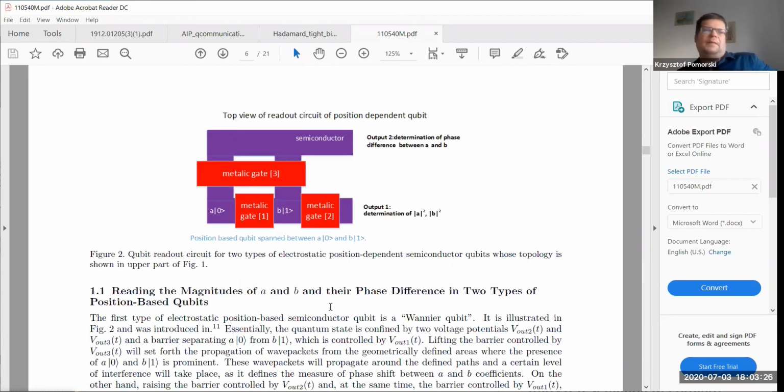Okay, maybe a few things more. How to read the state of a position-based qubit is also kind of tricky. There is no one way of doing it.